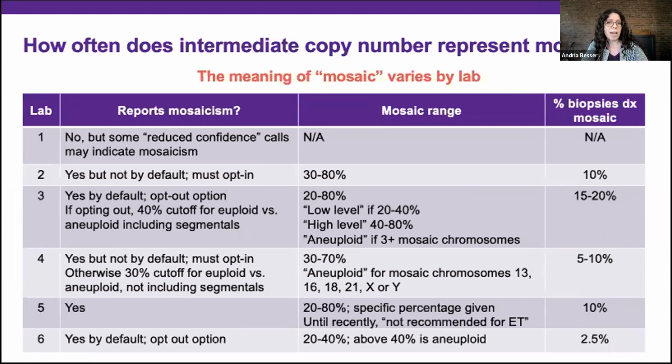And that decision can depend on the particular thresholds that the lab has selected, or the lab might have different rules depending on the chromosome number. So as you can see in the right-hand column here, I don't know if you can see my mouse, but in the right-hand column, you can see that these reporting decisions really can affect how likely it is to get a mosaic result, and also how likely it is to get a euploid result, depending on which lab is being used, but also depending on which clinic is being used, in part because clinics can dictate those decisions to the PGT lab.